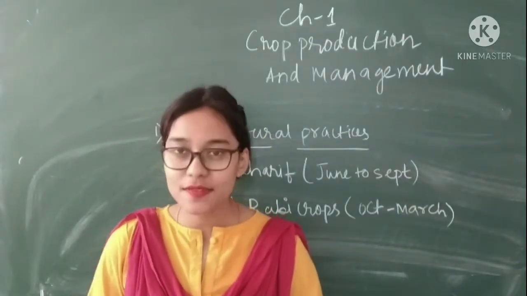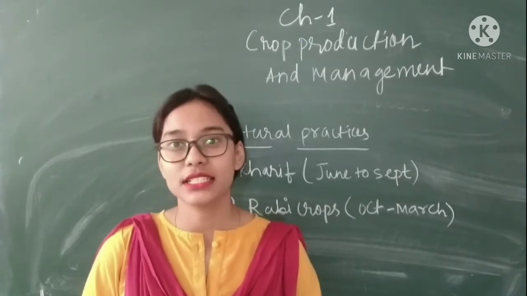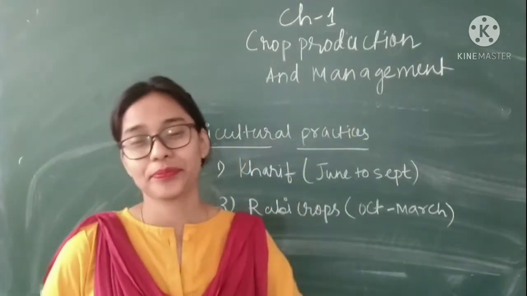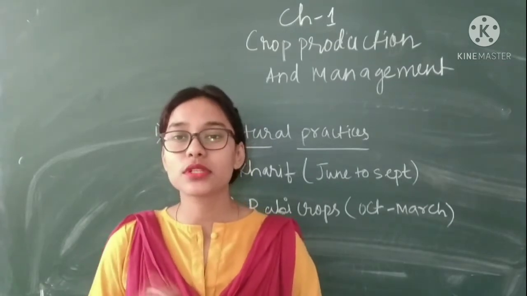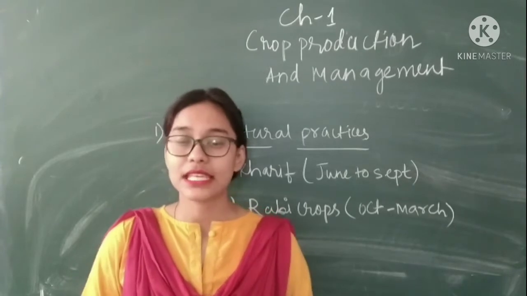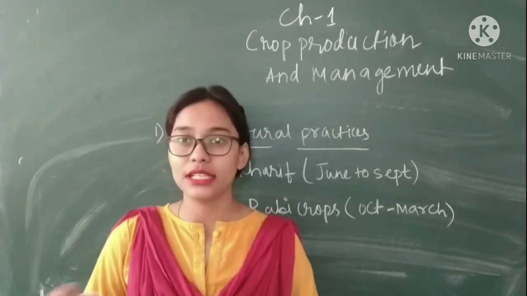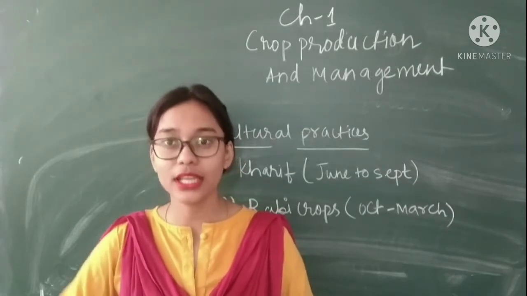Students, today in this video we will discuss our chapter 1, that is crop production and management. So before beginning this chapter, let us understand a few terms like crop. What is a crop? If the same kind of plant is grown on a very large scale, it is called what? Crop. Okay.